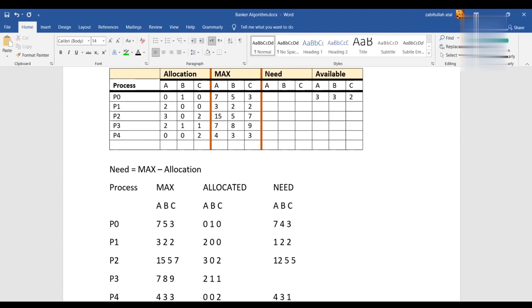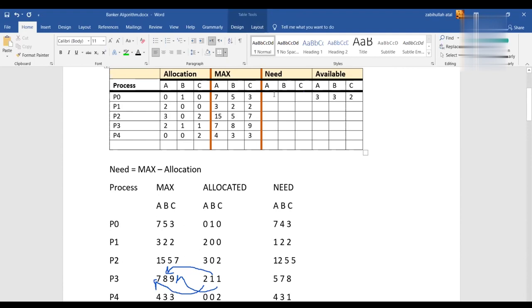And here, 7 minus 2, okay, remember, you have to subtract this from the 7, and this one from this 8, and this one from this 9. So 7 minus 2 is equal to 5. 8 minus 1 is equal to 7. 9 minus 1 is equal to 8. So this is the need amount of resources.